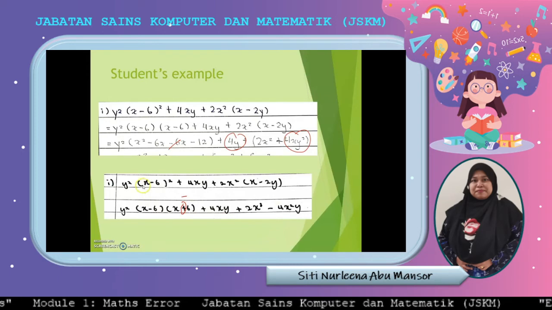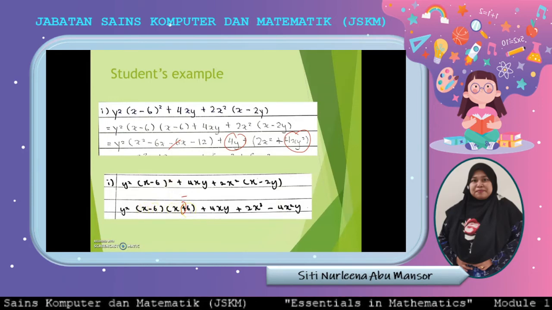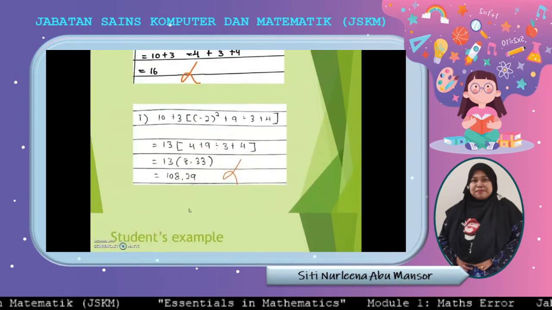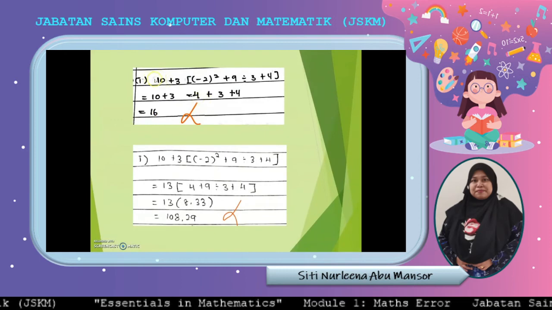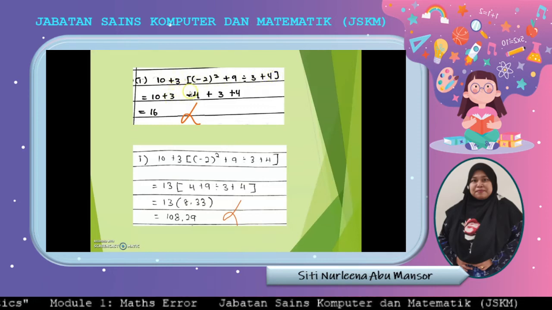Alright, this one is again from a different student. When you expand x minus 6 squared, you should write it as x minus 6 multiplied with x minus 6, not x plus 6. Okay, another question. Here we have 10 plus 3 multiplied with a function. We can see here, this student just opened the bracket without multiplying it with 3.